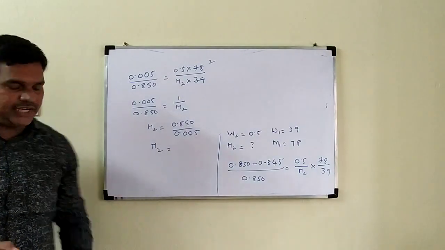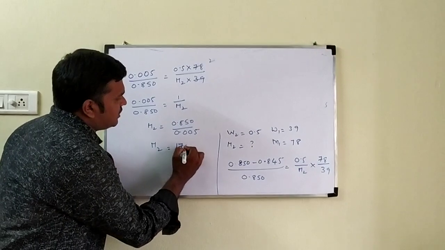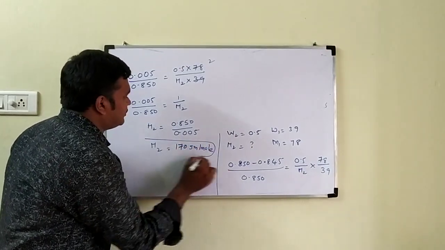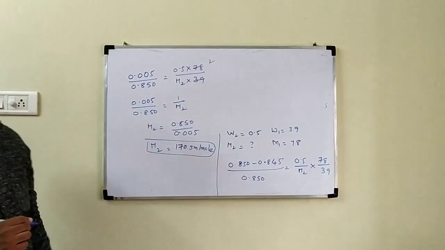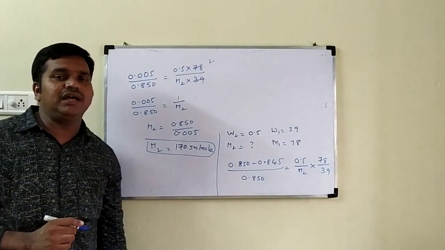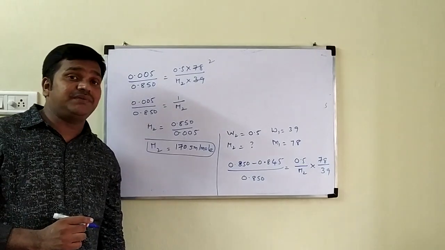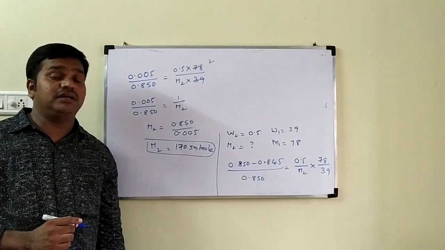What is the answer you will get? You will get 170. You write the units: gram per mole. What are we finding? We are finding the molar mass of the solute. How much did you get? 170. Units are compulsory. You have to write gram per mole.